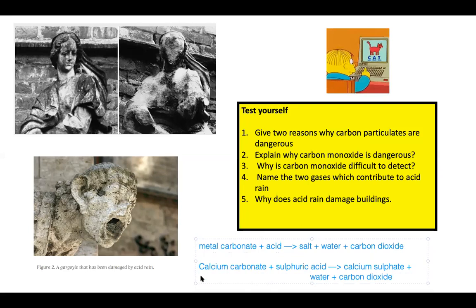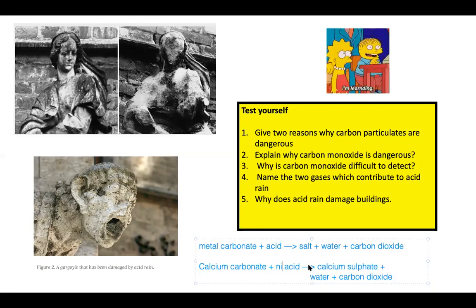So why don't you see if you can do the reaction of calcium carbonate with nitric acid? So just pause your video, write that out. Okay, so if we had nitric acid, calcium carbonate plus nitric acid gives us calcium nitrate plus water plus carbon dioxide.